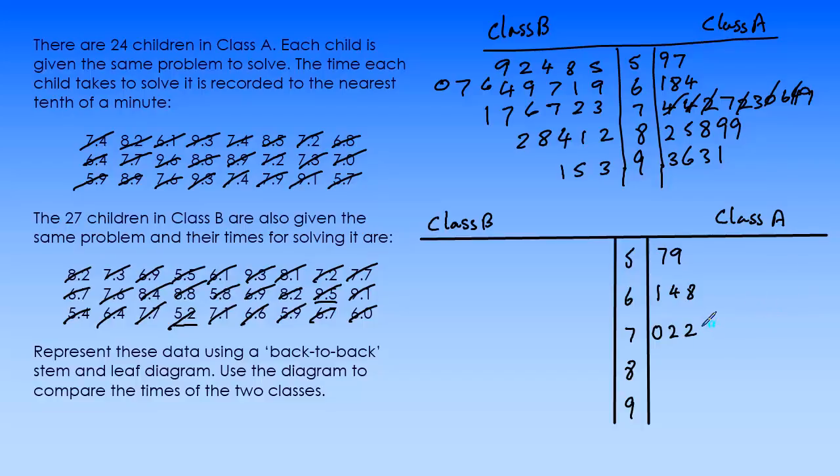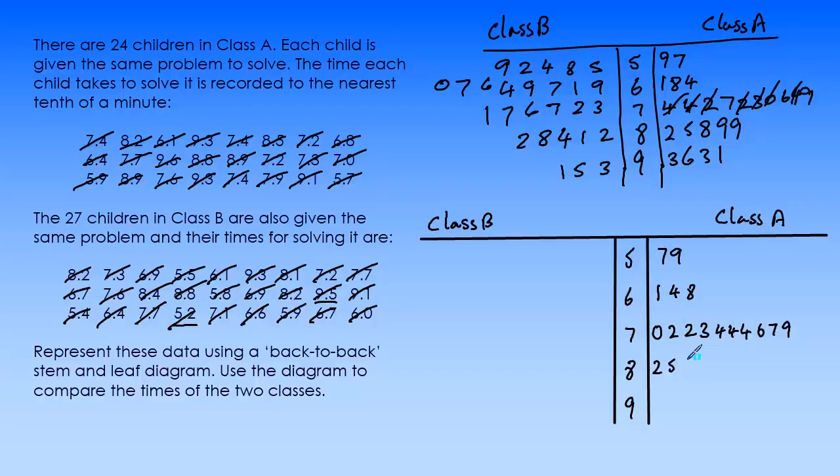We need to pop the 3 in there, and then the 4s. And then we've got a 6, a 7, and a 9, like so. Then for this one, it's already in order, 2, 5, 8, 9, 9.